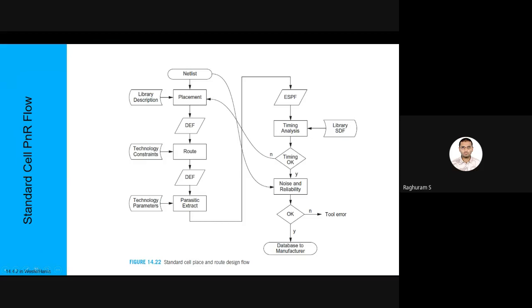So again, here also it starts with the netlist, placement like we said, and the routing. Plus, very important, parasitics. We mentioned that the added information that was not there in the front end VLSI design is available in the back end VLSI design. What is that information?